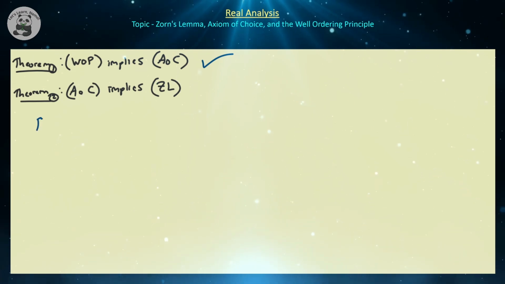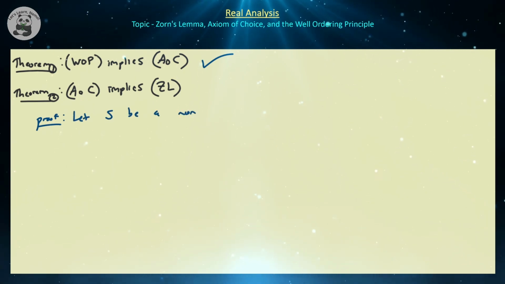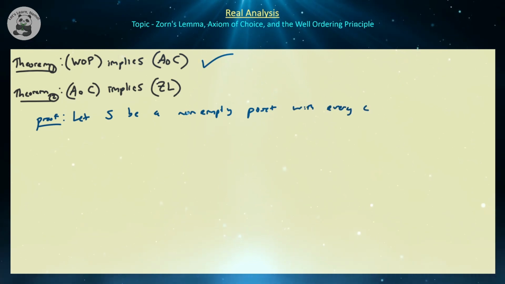So let's start off our proof. What we're going to do is let S be a non-empty poset with every chain having an upper bound.